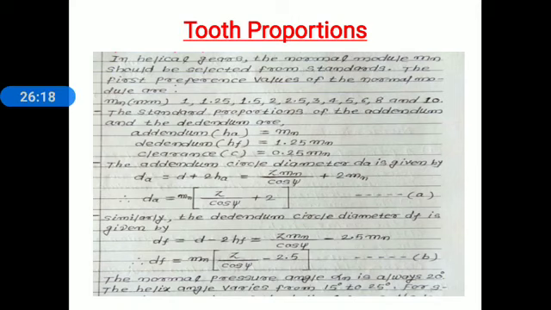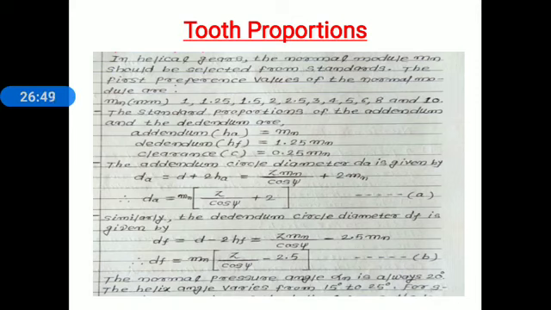Similarly, the dedendum circle diameter is denoted by letter d suffix f, and the dedendum circle is the extreme innermost circle in case of a gear, and that is equal to pitch circle diameter of the gear minus 2 times dedendum. Now the pitch circle diameter of a helical gear is z mn divided by cos alpha, minus 2 into dedendum, that is 1.25 times normal module.